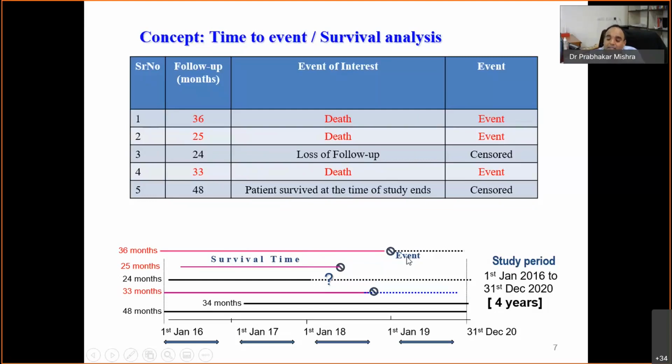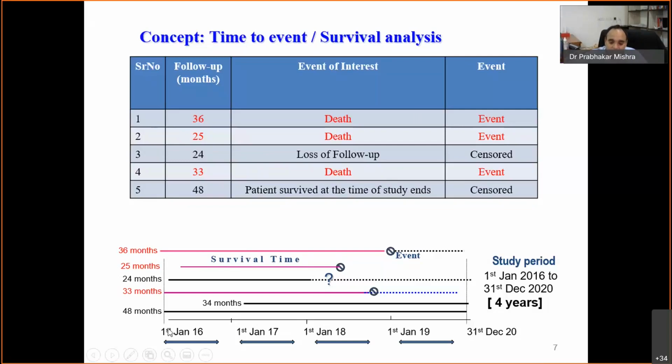Censored is the common word for loss of follow-up, death due to an unrelated cause, or the patient survived at the time of study end. Study ended, but the patient was still alive. It means the patient did not achieve the event, so the patient will also be considered censored. Anything other than the event is considered censored.